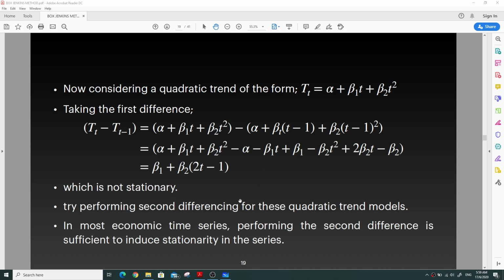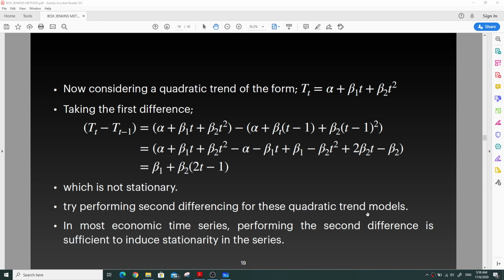So again, you can try this on your own. Try to perform the second differencing on this quadratic trend equation and see whether you get a constant value or not.